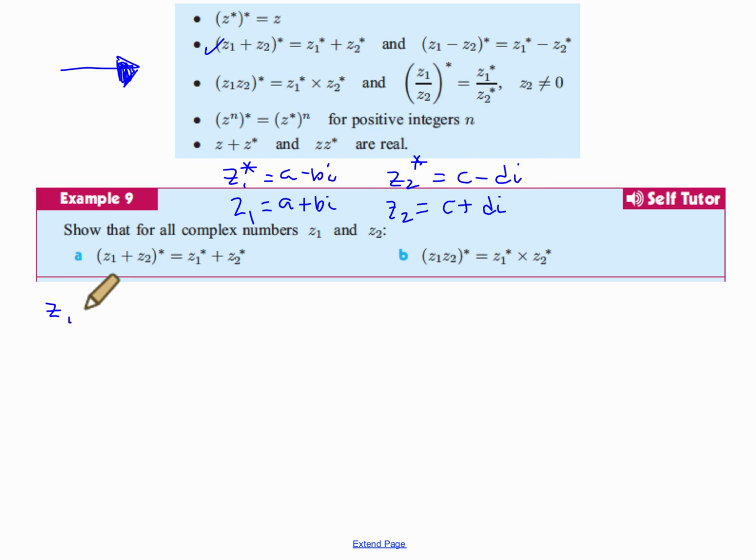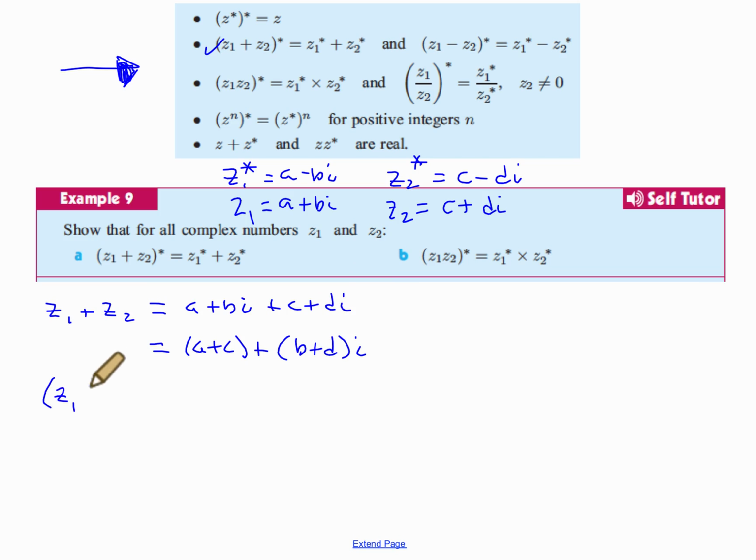z1 plus z2 is going to be equal to a plus bi plus c plus di. And writing that in complex form, that would be a plus c, the real parts, plus the imaginary part, b plus d times i, if we factor out an i here.